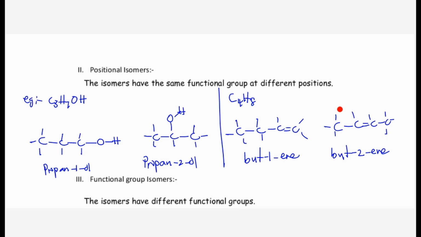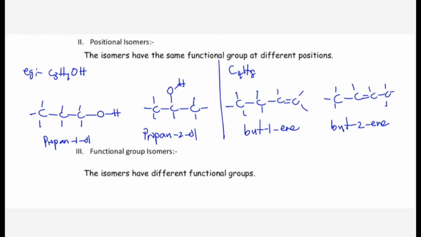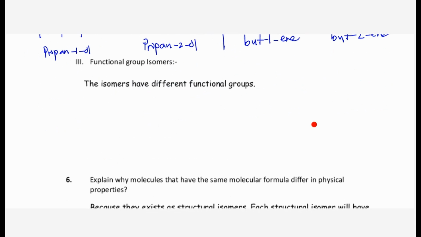The third category which comes under structural isomers is the functional group isomer. In the functional group isomer, the functional group itself will differ. For example, say C2H5OH, or you can write this as C2H6O.